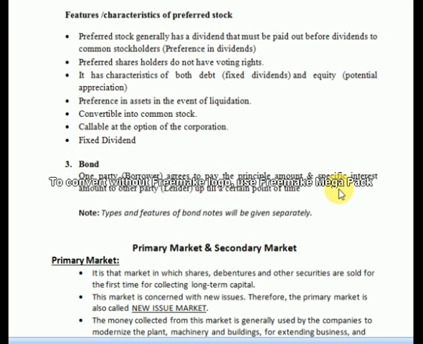Bonds are used by companies, corporations, municipalities, states, governments to finance different projects and operations. Owners of bonds are called debt holders, or we can say the creditors of the issuers.